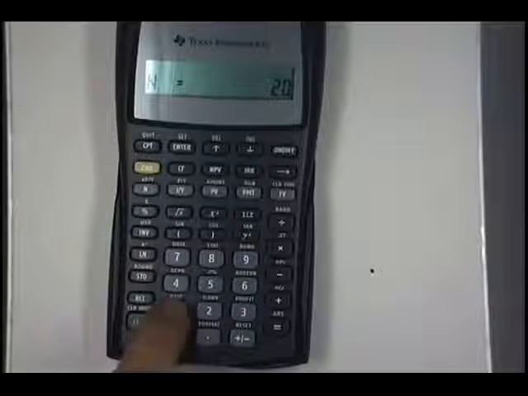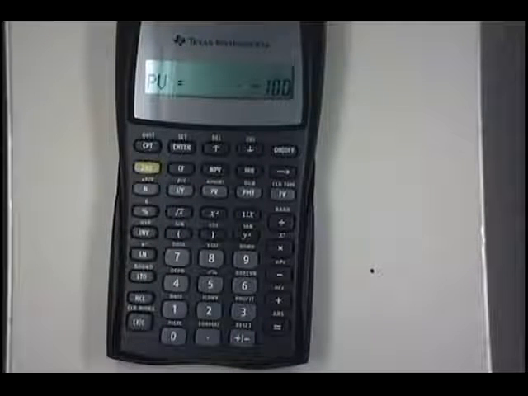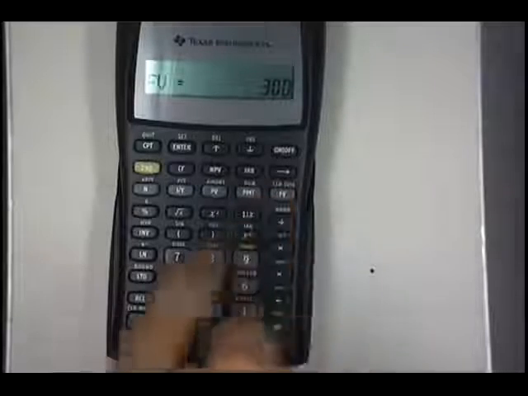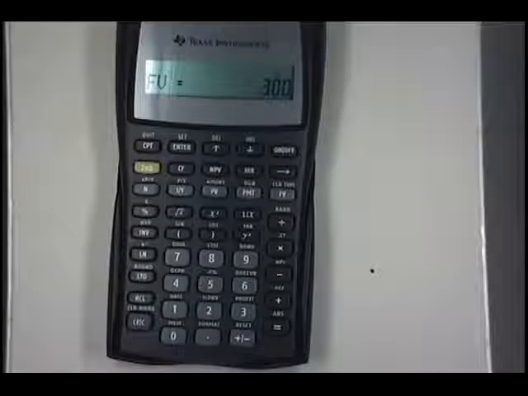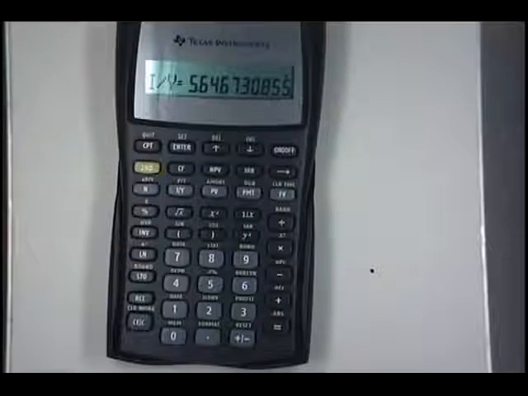I'm still starting with $100 as a present value. I still have no payment, and I need a $300 future value. I can now solve for my interest rate.